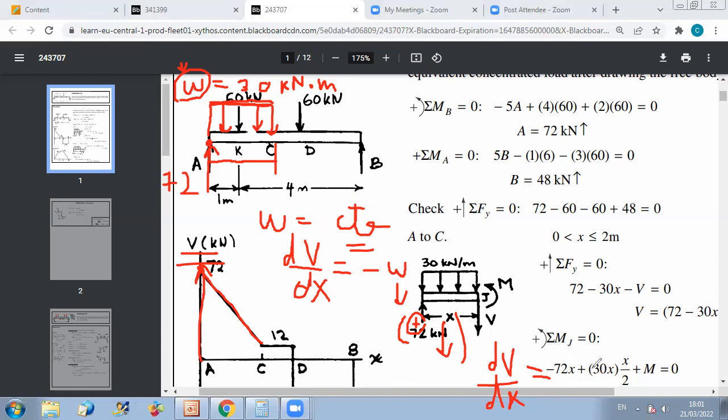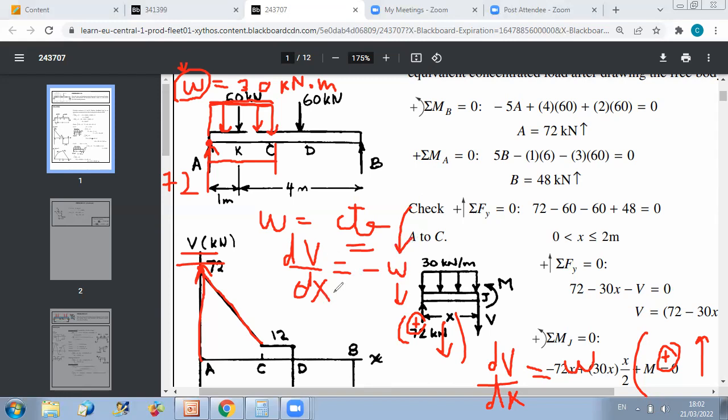If you write dV by dx is plus W, then this means that you are considering W positive upward. In most cases that we face, the distributed load is directed downward. This is why we take this convention here in this course material.